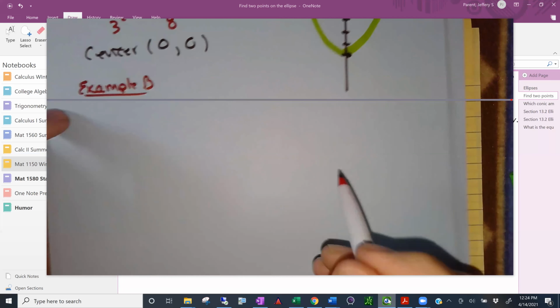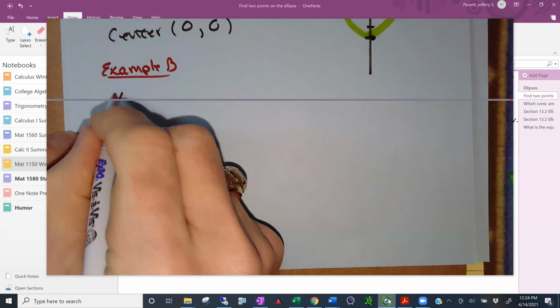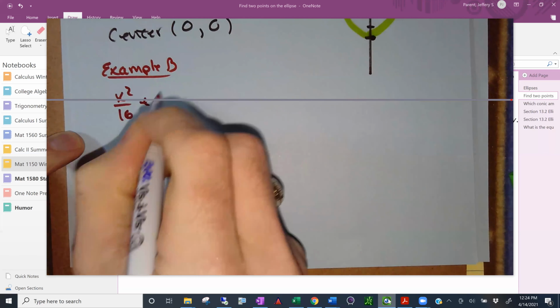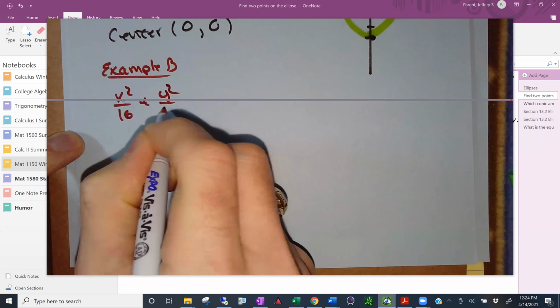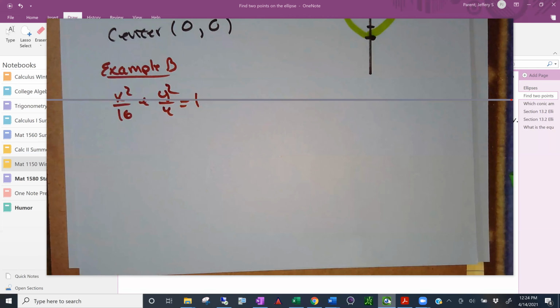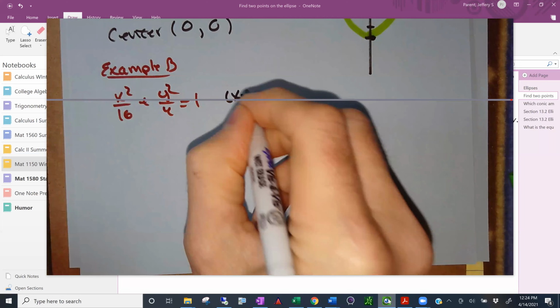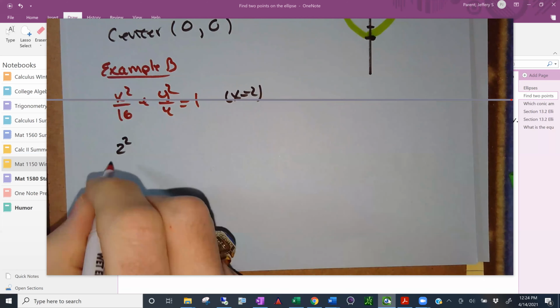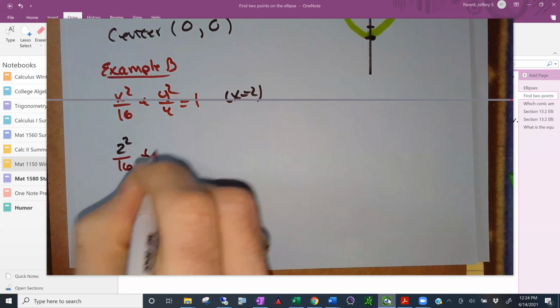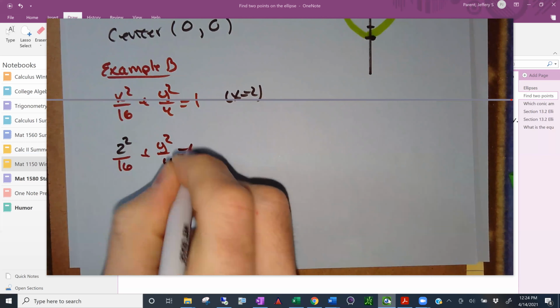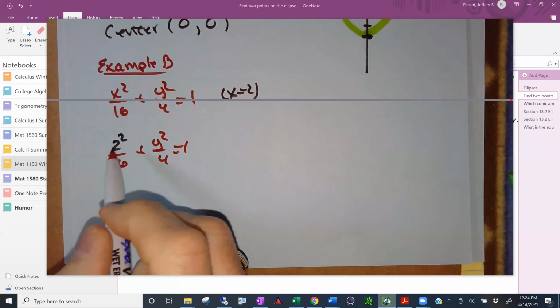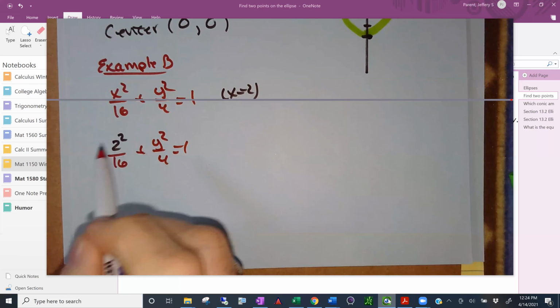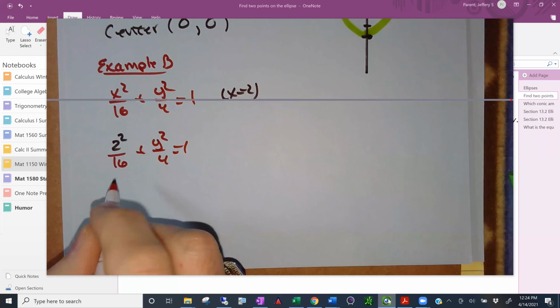So it would look like this. X squared over 16 plus y squared over 4 equals 1. We're going to start out by setting x equal to 2. So that's going to be 2 squared over 16 plus y squared over 4 equals 1. 2 squared is 4. 4 divided by 16 is 1/4.